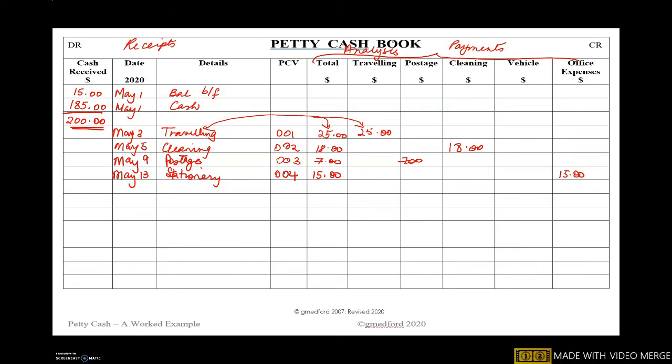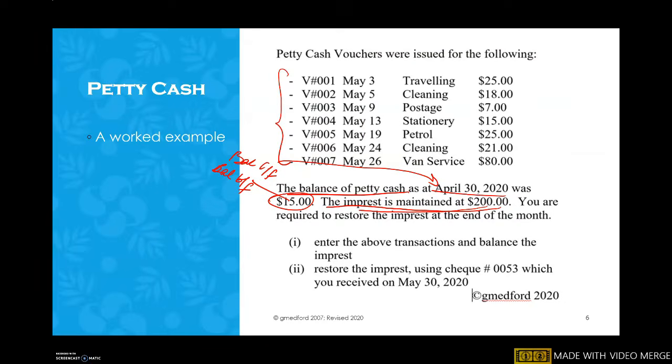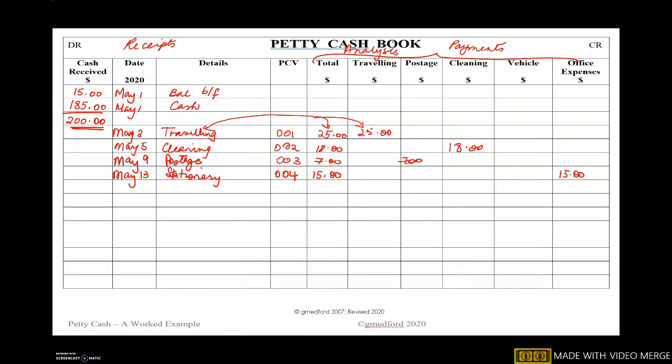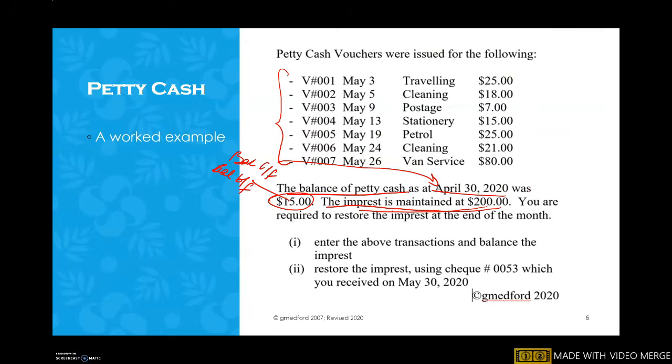However, stationery is regarded as an office expense. May 19th, petrol, $25. Voucher number 5. Correspondingly, it goes into the vehicle column.